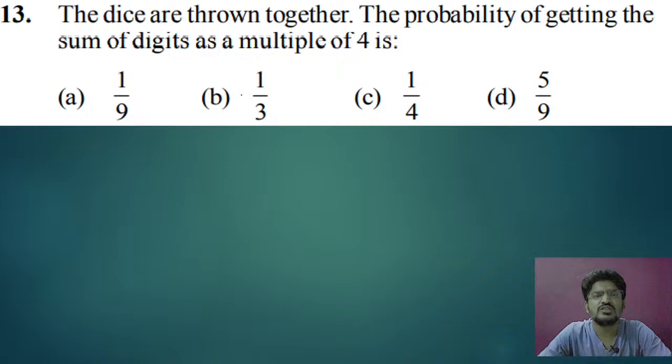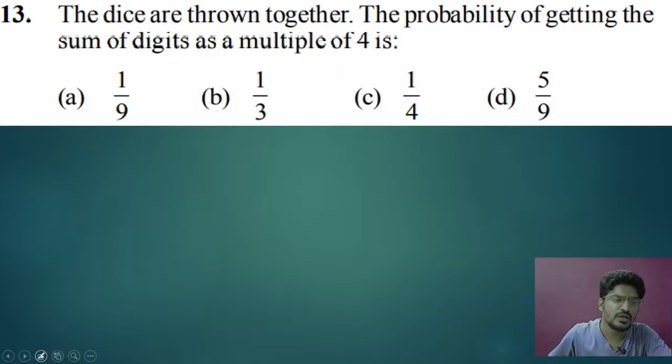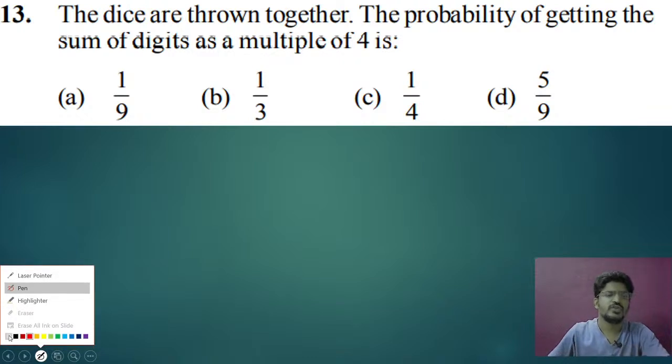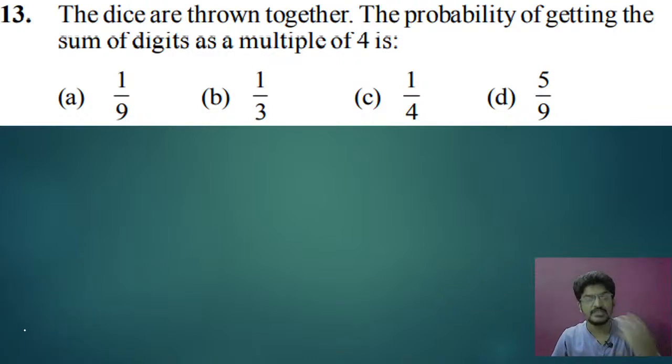Two dice are thrown together. The probability of getting the sum of the digits as a multiple of 4 is. That means the 2 dice are rolled, so we have to get the outcomes of the 2 dice.